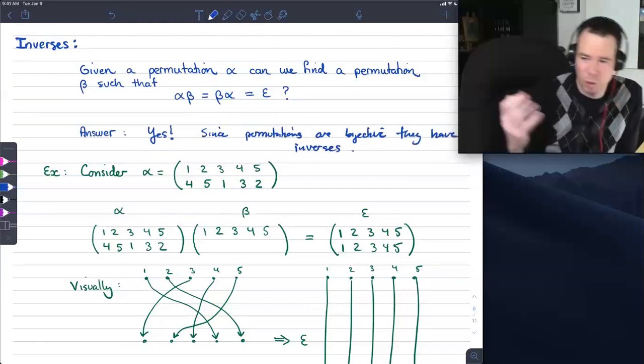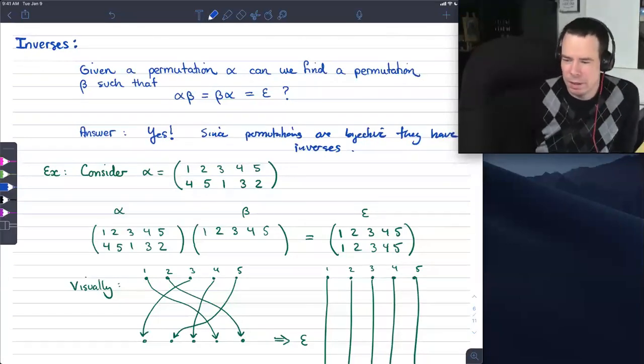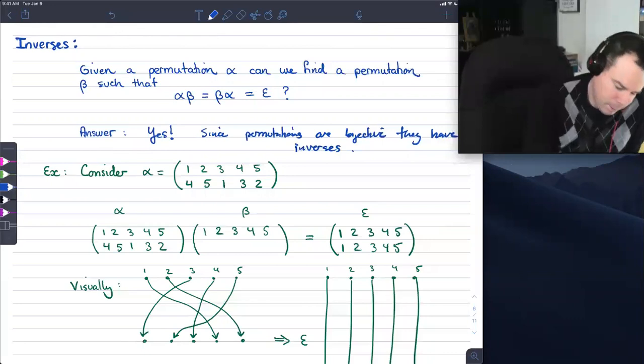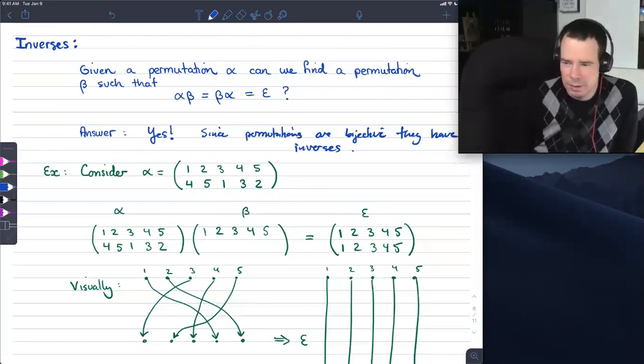Right. This is really just a property of the fact that they are functions, they are bijections, and so they have to have inverses. That's the higher level view as to why these inverses exist. But it's all right if you're struggling to see why bijectiveness implies they have inverses. We'll just see immediately why permutations, in our case, have inverses.